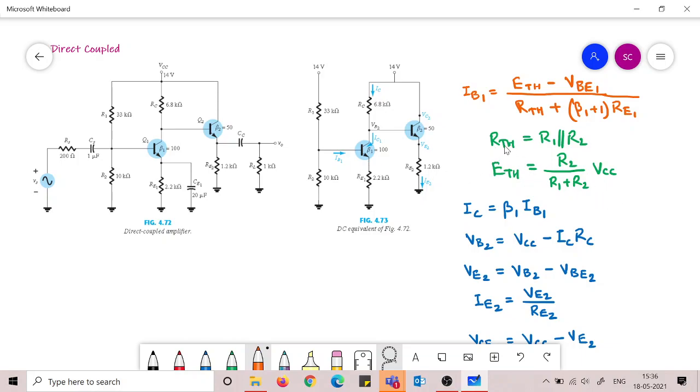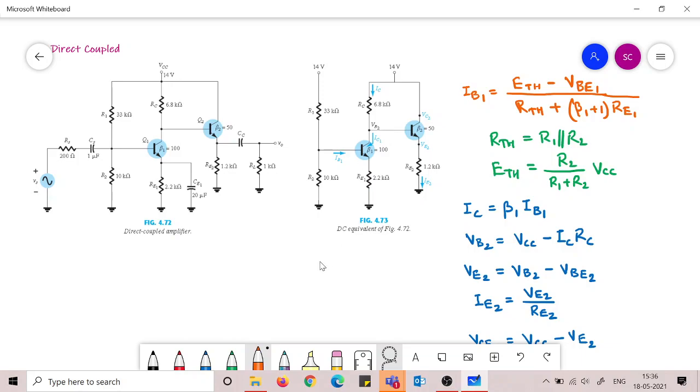Now this we have already solved before. RTH is R1 parallel to R2, and ETH is R2 by R1 plus R2 times VCC. We employ all these values and find out IB1. We can easily get IB1 now, and once we get IB1, IC is obtained. IC we can straight away write as beta 1 times IB1, because we are assuming that IC is almost equal to IC1.